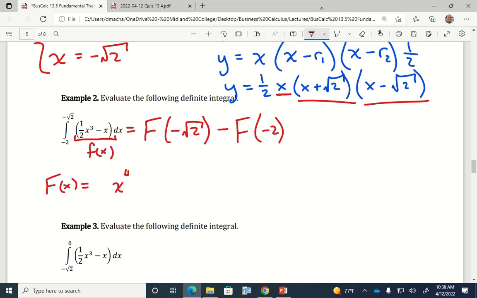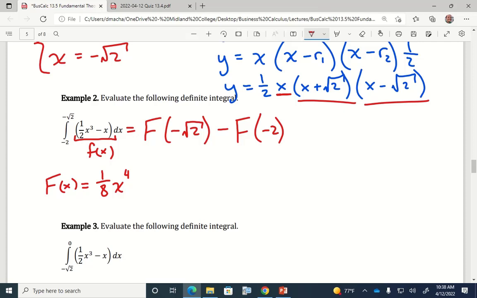Yeah, it's going to go up from x cubed to x to the 4th, and then it should be 1 over the new exponent.